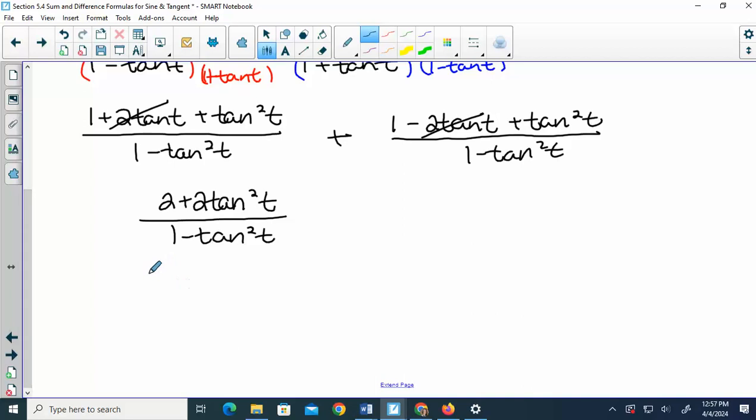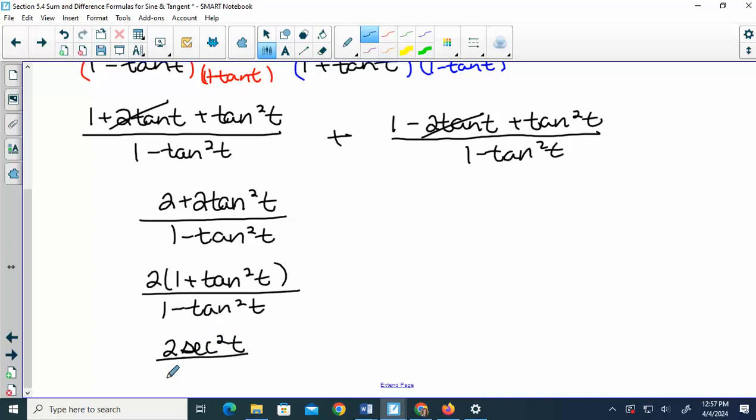So what can we take out on top? The 2. And what is 1 plus tangent squared? Secant squared. And I think that's what we wanted.